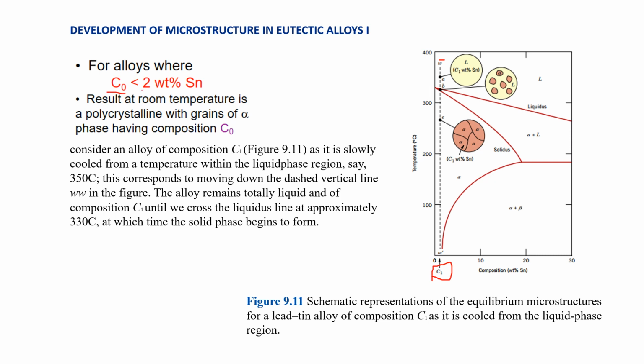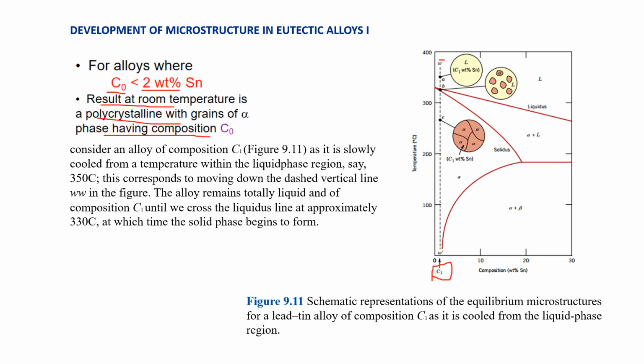In this range, for alloys of composition less than 2% by weight of tin, the result at room temperature is polycrystalline with grains of alpha phase having composition C1. When cooled below 300 degrees centigrade, at point C, small alpha grains are found. Now consider an alloy of composition C1.